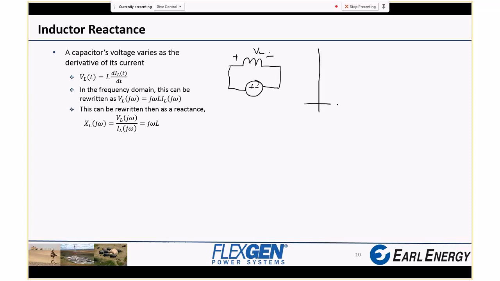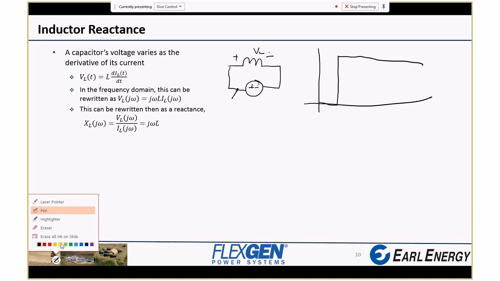So if we have a switch here, and we turn the switch on at time t, we apply the voltage across the inductor. The current in the inductor will rise linearly with the slope of the applied voltage over the inductance.